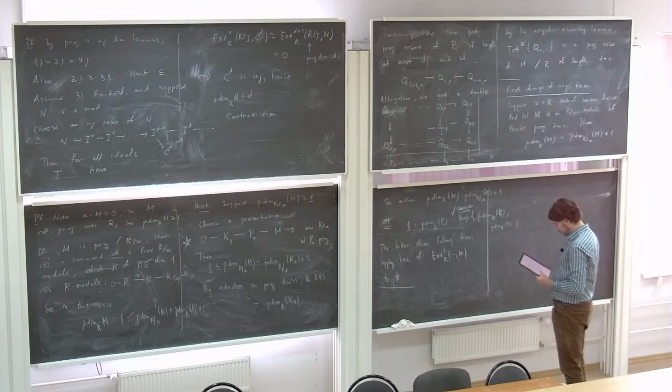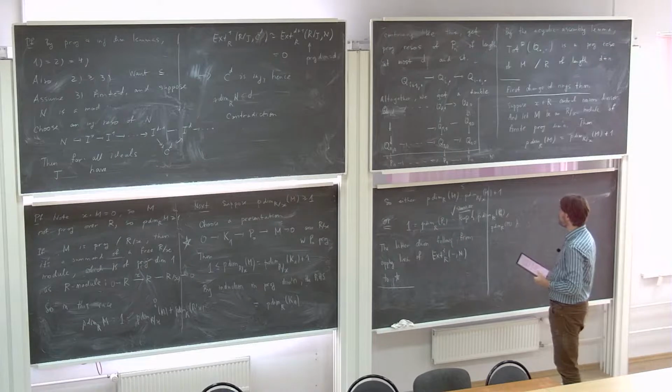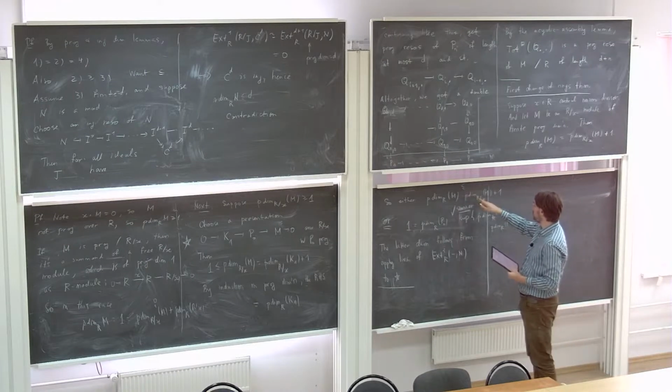What could go wrong is that this was strict because this was equal to 1.